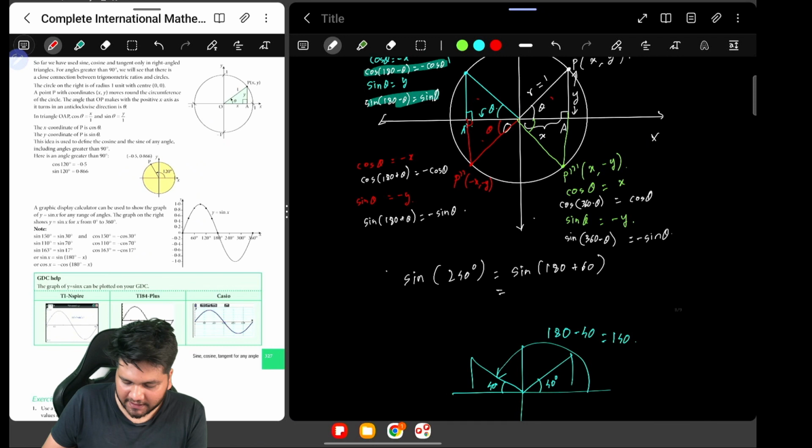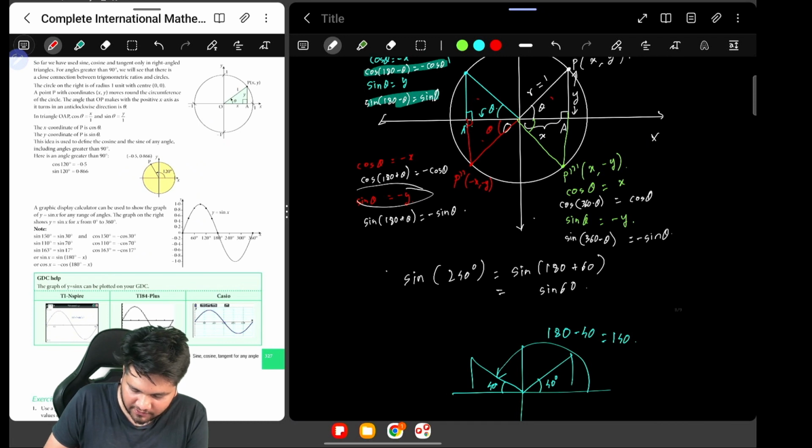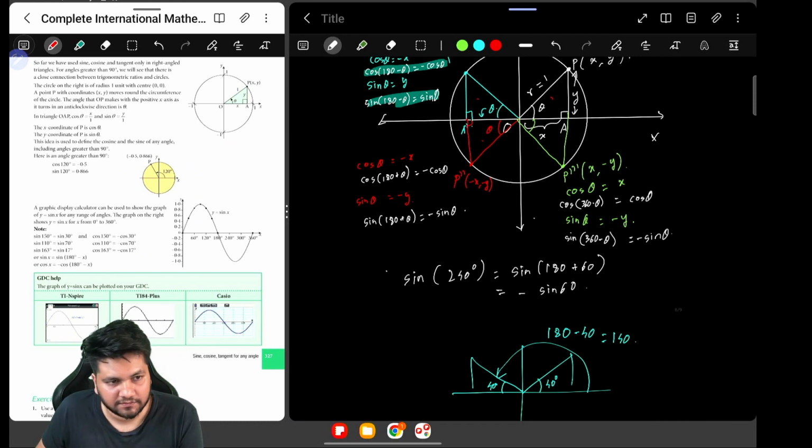Now when I say sine of 180 plus theta, it's going to be sine 60 for sure. But positive or negative? Since 240 degree is in the third quadrant, here it's going to be negative sign. So it's going to be minus sine 60. Correct?